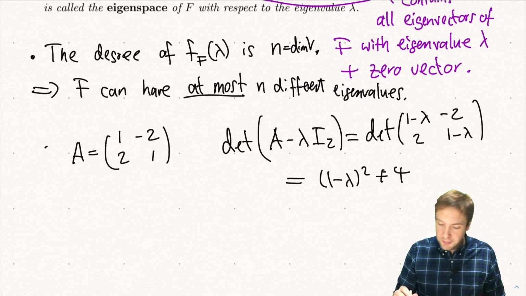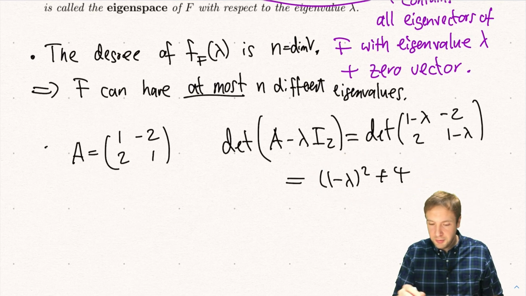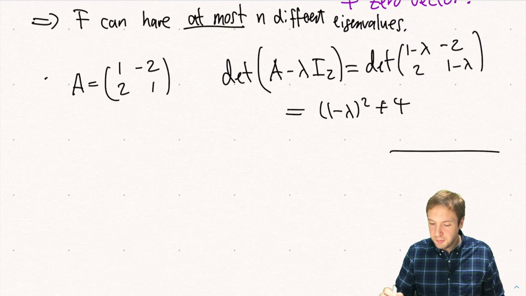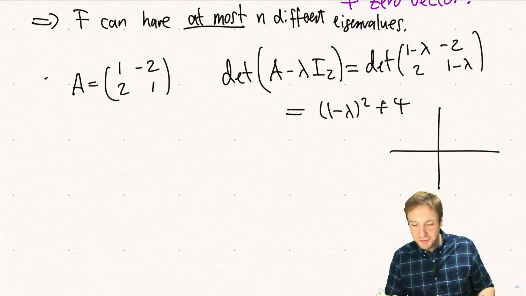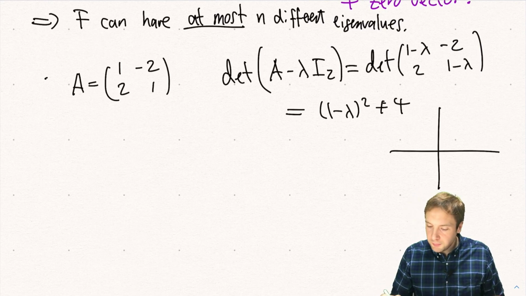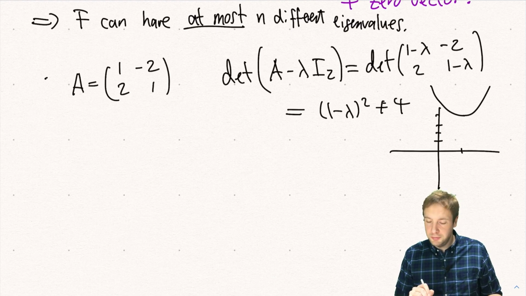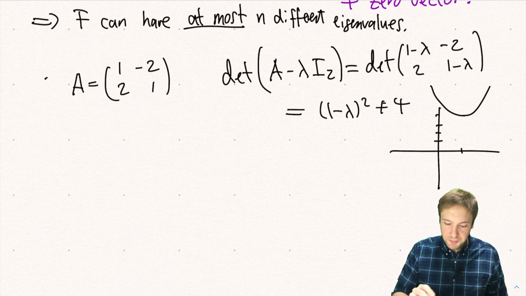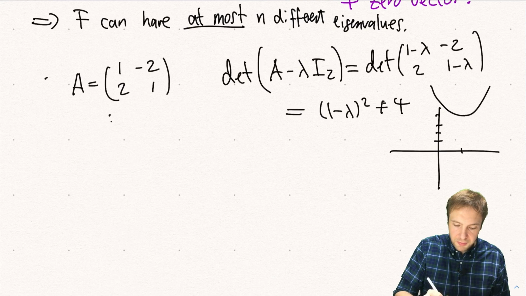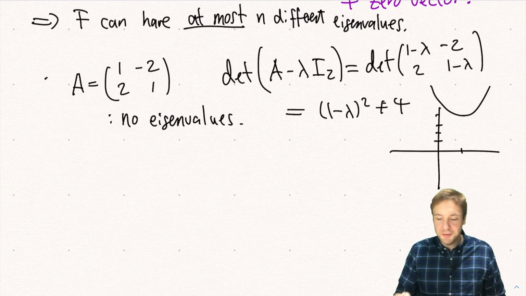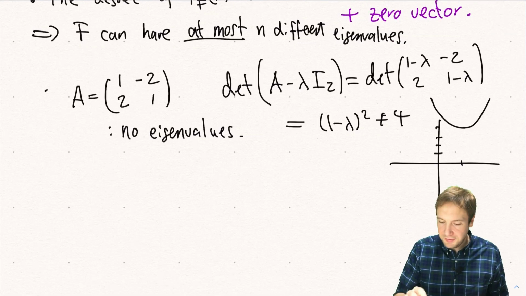And you can check that this polynomial, if you would plot it, is a parabola, and this actually has no zeros. So this has no eigenvalues. So in our case, at least, it has no real eigenvalues.